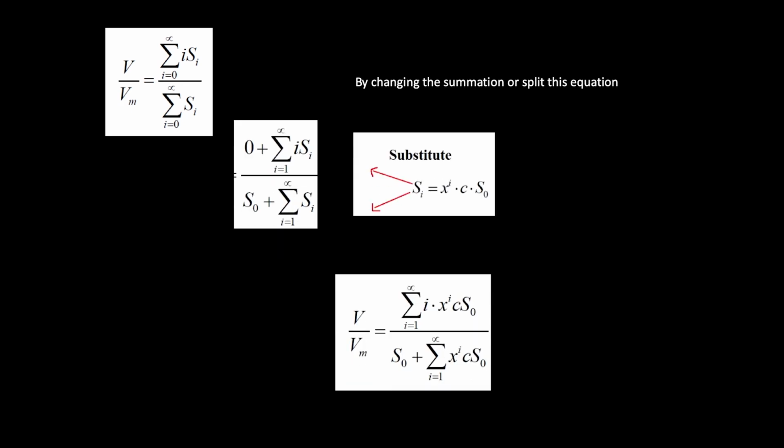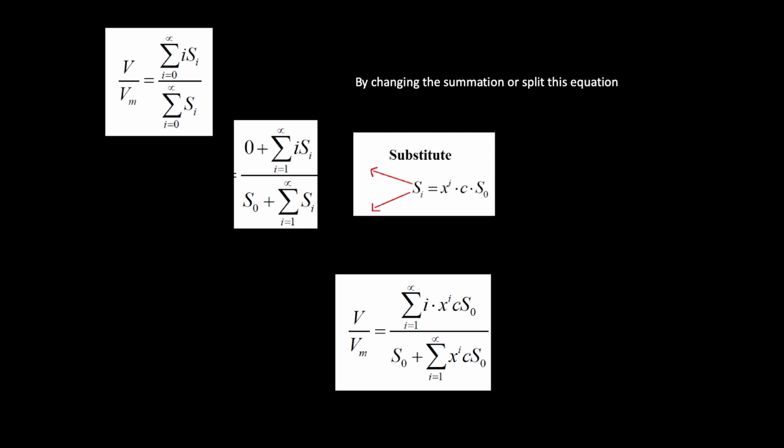In the next step, we are splitting the summation term of both numerator and denominator, such that sigma i equal to 0 to infinity changes to sigma i equal to 1 to infinity, added with the initial term. So now the equation becomes 0 plus sigma i equal to 1 to infinity i Si, the whole divided by S0 plus sigma i equal to 1 to infinity Si.